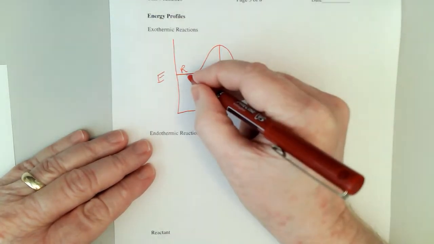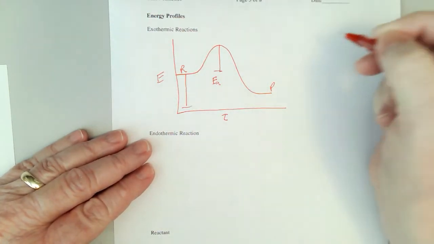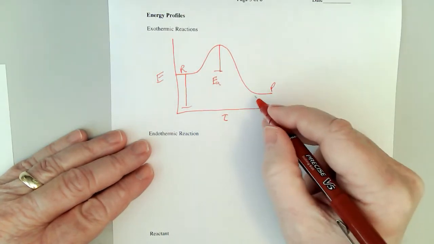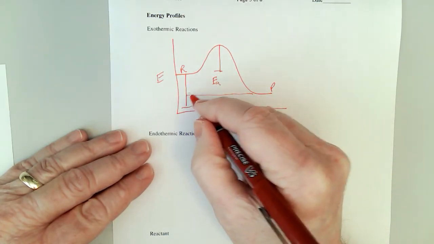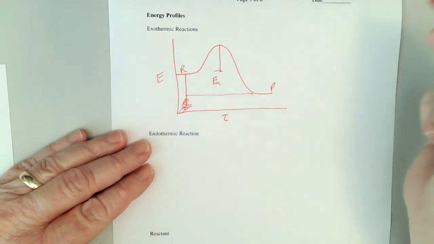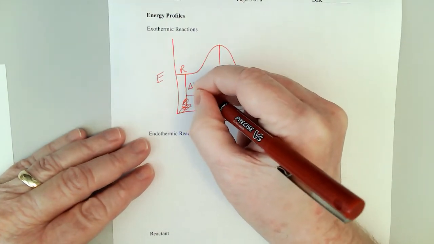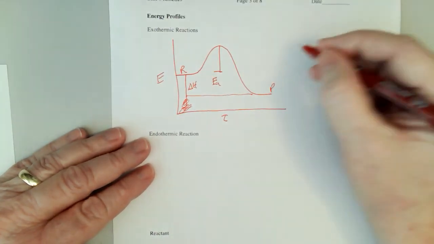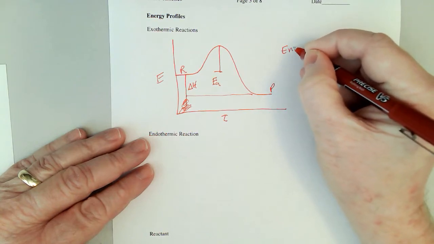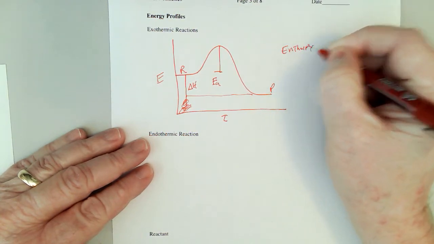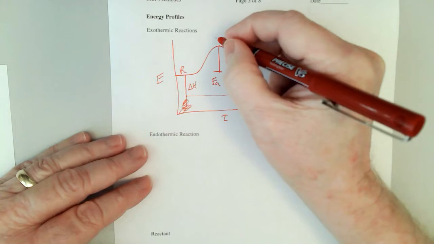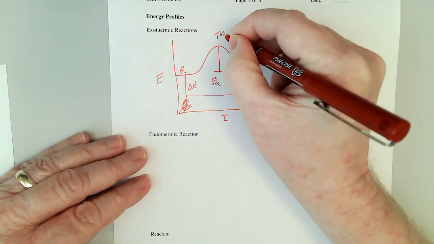The distance between the reactants and the products is called the enthalpy change, or delta H. And up here at the very top, you have a transition state.